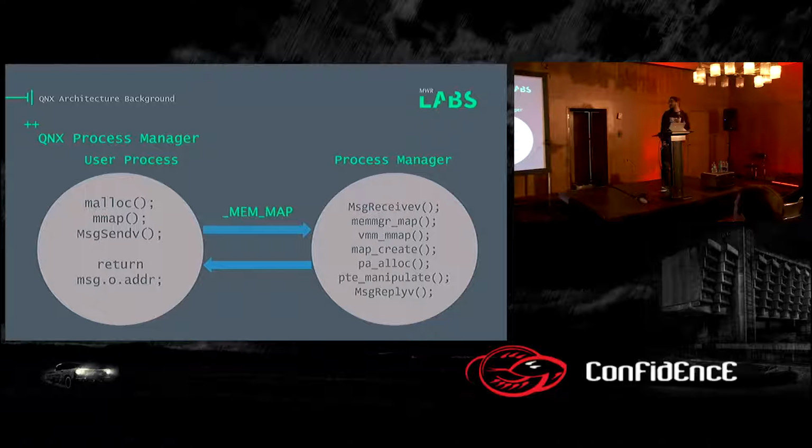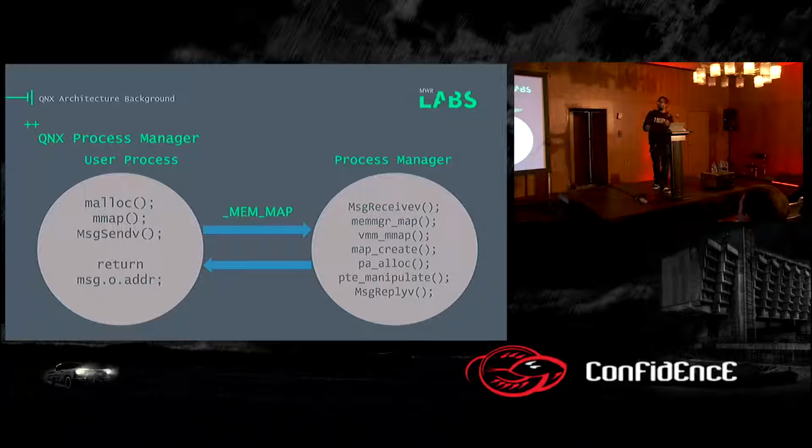On the other side, the process manager will be listening for messages sent by this user-land process on the channel. It will listen for these messages using message receive in, for example, a while one loop. It will handle the message, unpack the message, allocate the memory, create a pointer to the newly allocated chunk of memory, and return the pointer as a message.